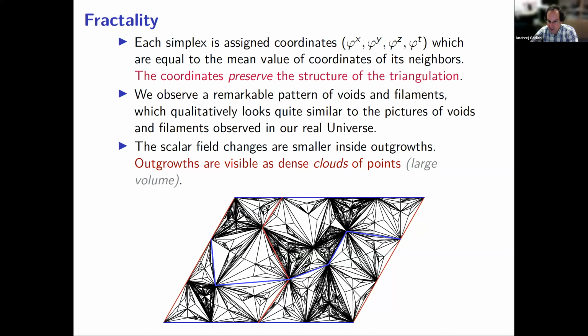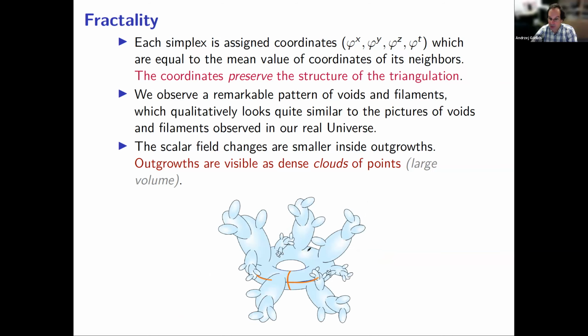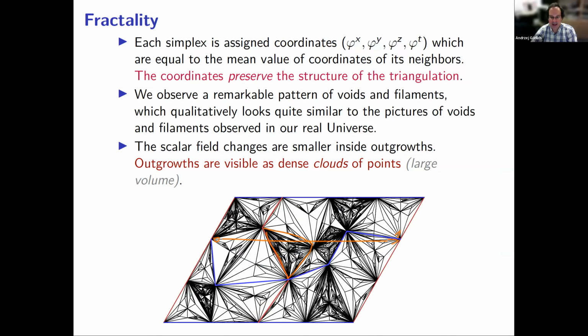this scalar field changes from, let's say, 0 to 1 here, but because of a dense region of small triangles which corresponds to an outgrowth, like for example that one, if you cut it first along the boundary, you will get this one, and then if you flatten it, you will get something like that.